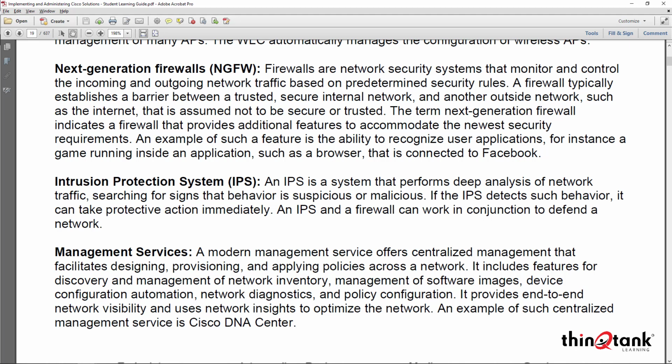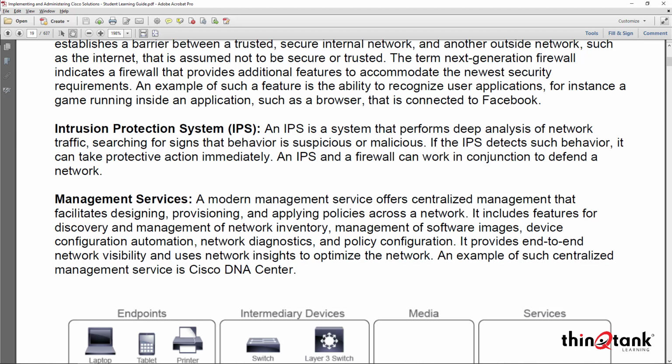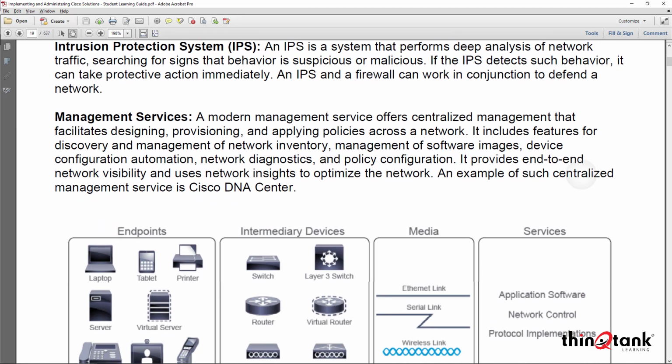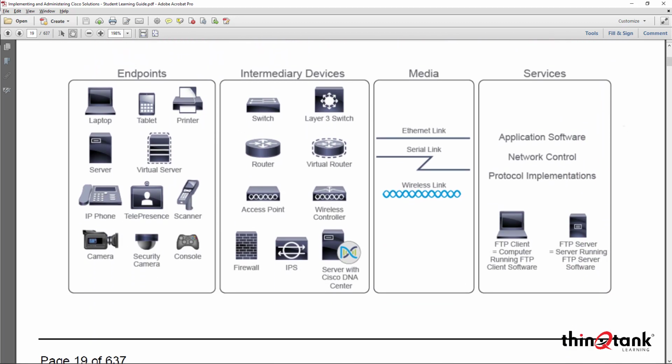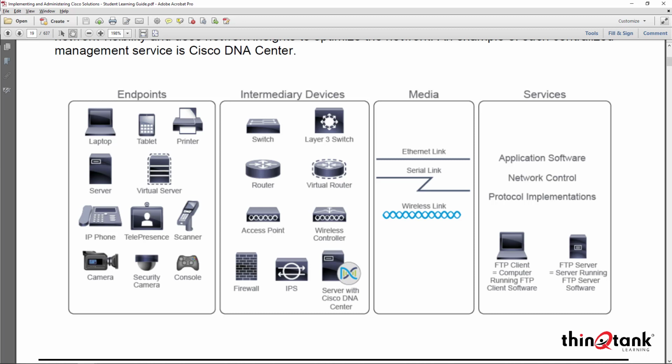Kind of goes along the lines with the next generation IPSs and IDSs as well. Speaking of that, by the way, in the concept of IDSs and IPSs, what is the fundamental difference between an IDS and an IPS? One stands for intrusion detection system, one stands for intrusion prevention system. But what are the fundamental differences?